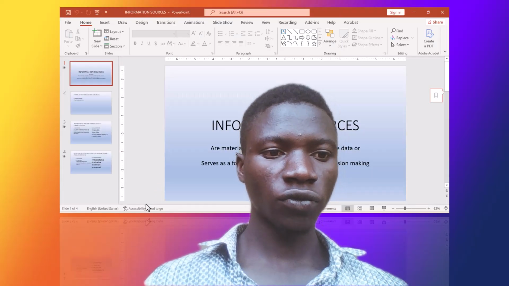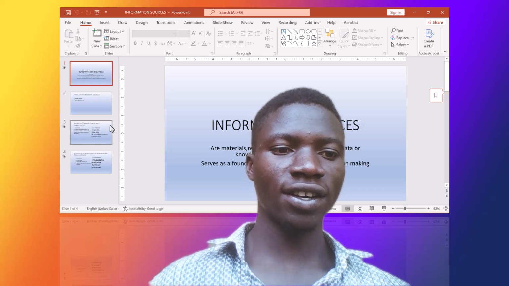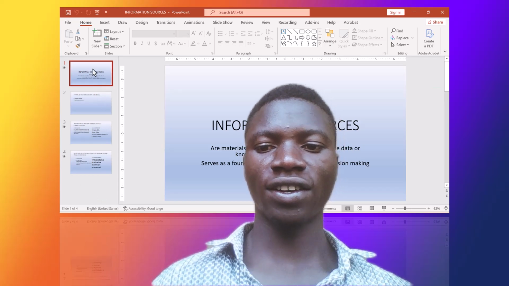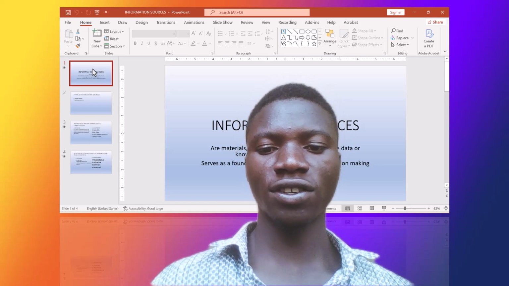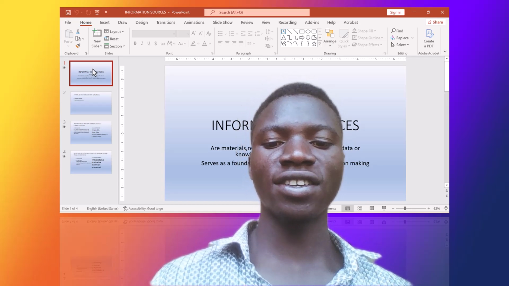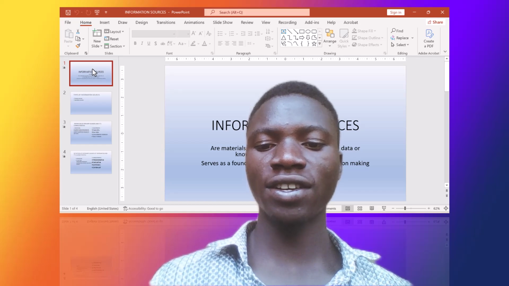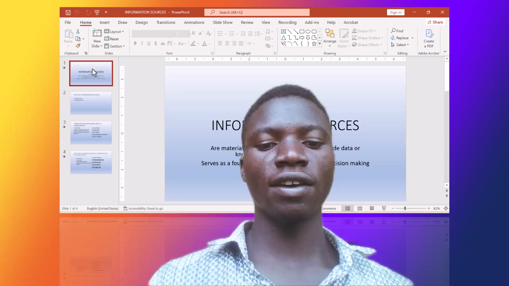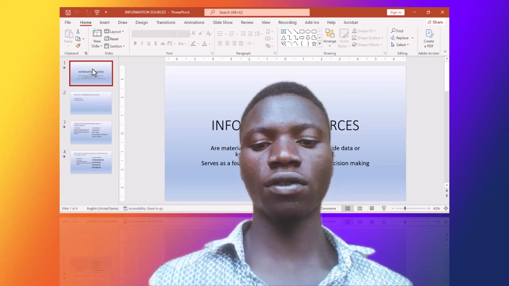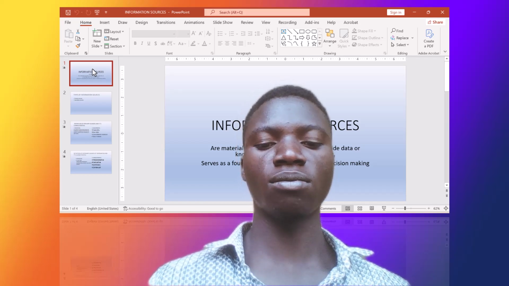So this is our first slide, talking about information sources. Before I move further, information sources simply means the materials, records, or documents that provide data or knowledge about a particular subject. It also serves as a foundation for research, inquiry, and decision making.